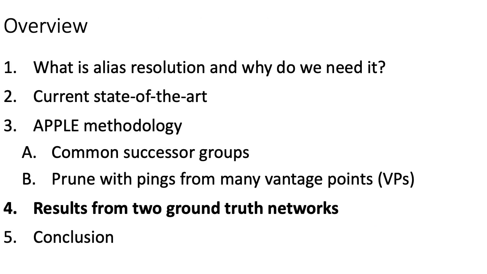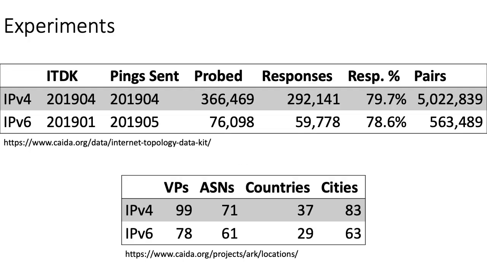Okay, so now that I've gone through the methodology, perhaps in too much detail, I can now talk about my experiments that evaluate Apple against ground truth from 2 networks, and I also compare Apple to existing IPID alias resolution techniques. I did a couple of experiments to get a sense for whether this approach could be useful. I used CAIDA's ITDKs, which include traceroutes and alias resolution.